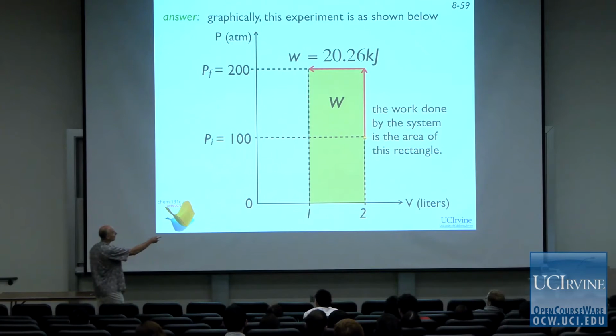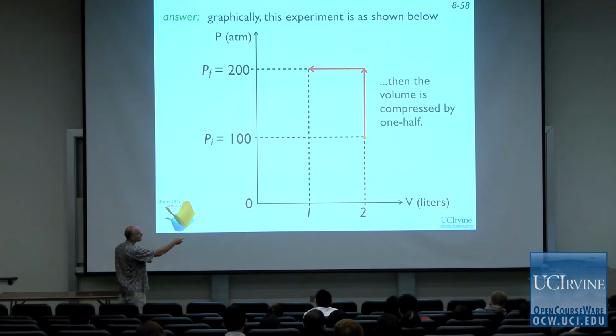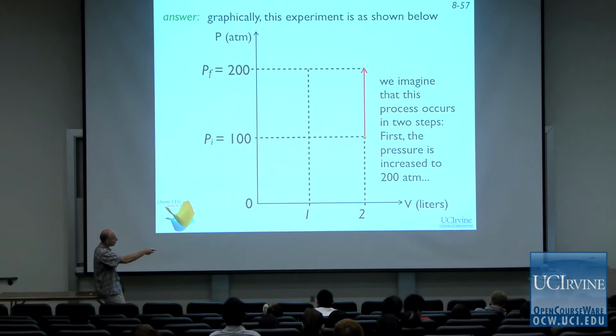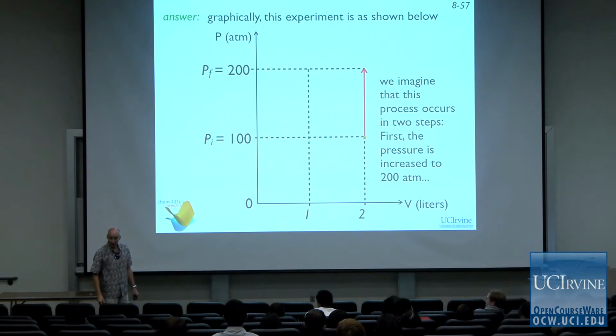No matter where we start, in the first step of our imaginary process, we're going to increase the pressure to the external pressure that we're acting against, and then we're going to compress. It doesn't matter if you start here, here, here, here, or anywhere in between. That's odd.